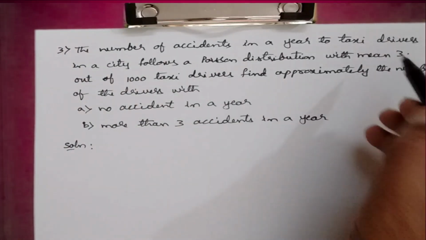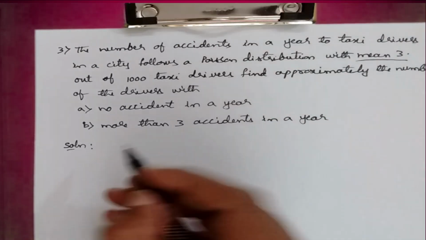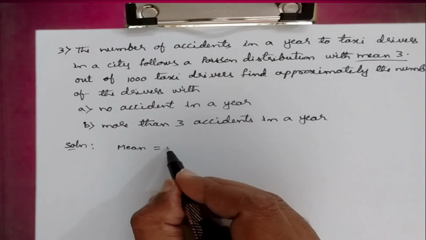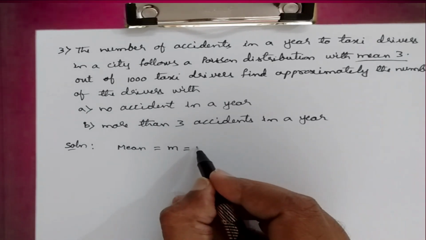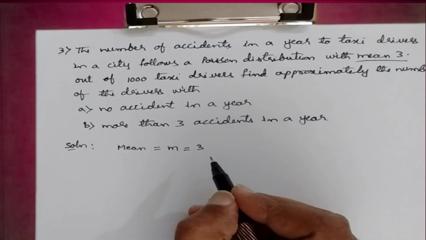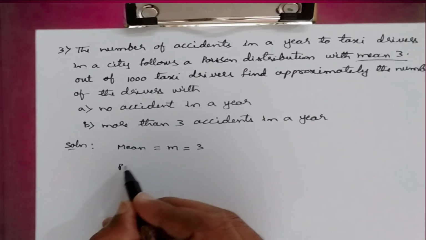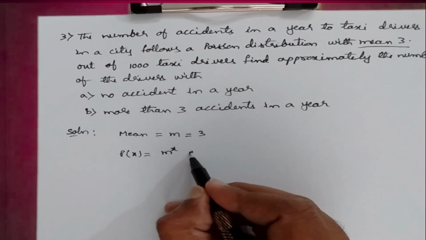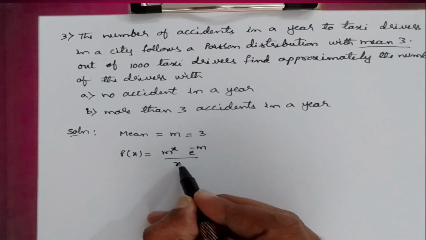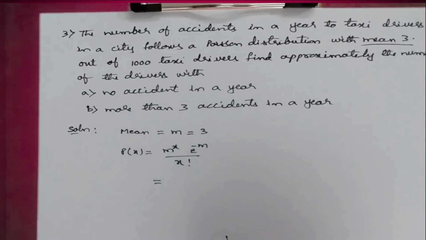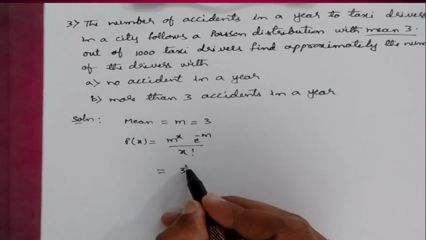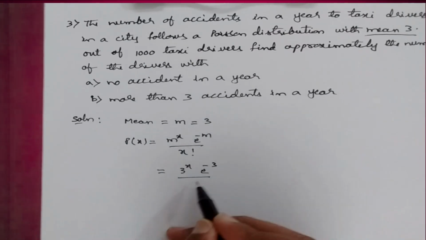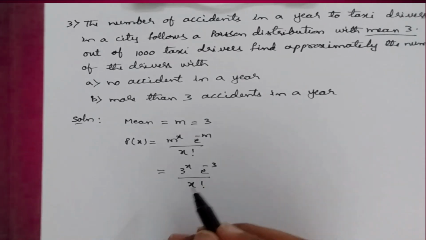So if you observe, the mean is given. In the case of the Poisson distribution, the mean is taken as m, so m equals 3. Then your Poisson distribution function p of x will be m power of x, e power of minus m, divided by x factorial. That will be 3 power of x, e power of minus 3, divided by x factorial.